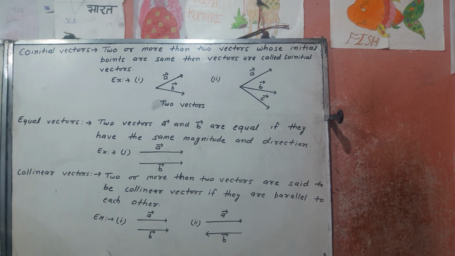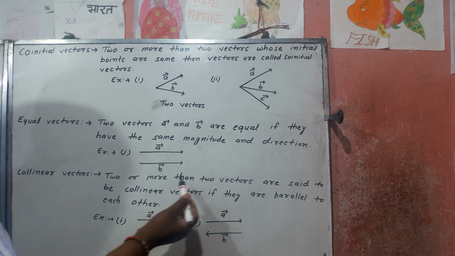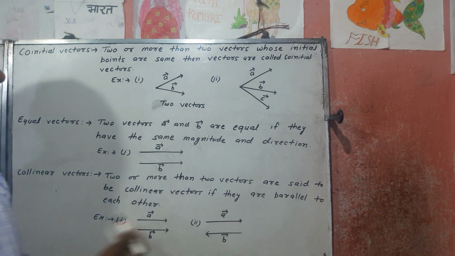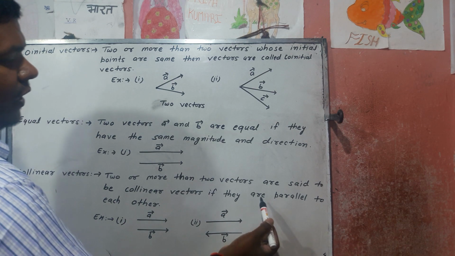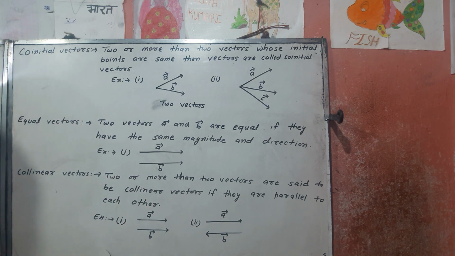Collinear vectors. Two or more than two vectors are said to be collinear vectors if they are parallel to each other. We can also give other definition of collinear vectors.